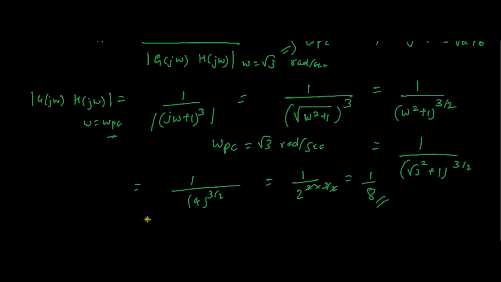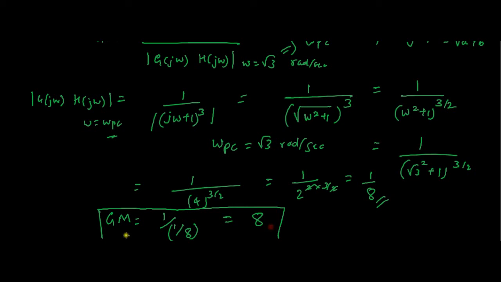So the gain margin will be 1 over 1 by 8. This is nothing but 8. So this is the value of gain margin. Usually we express this gain margin in terms of decibels.